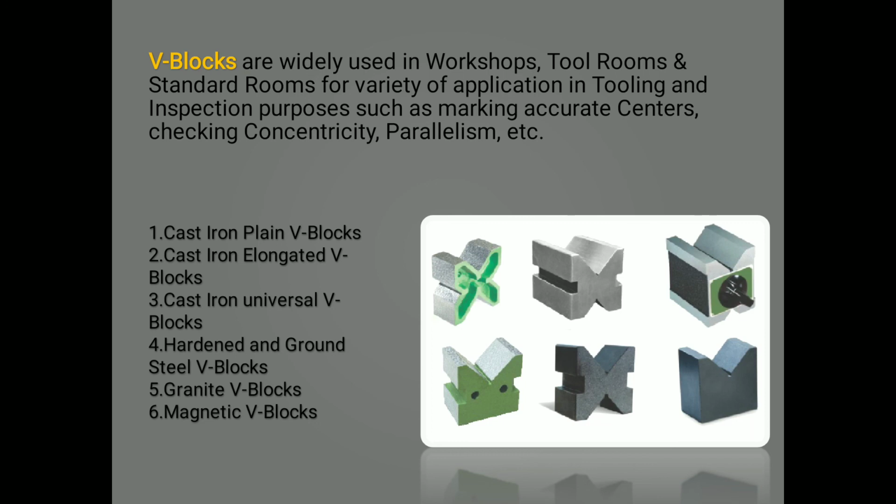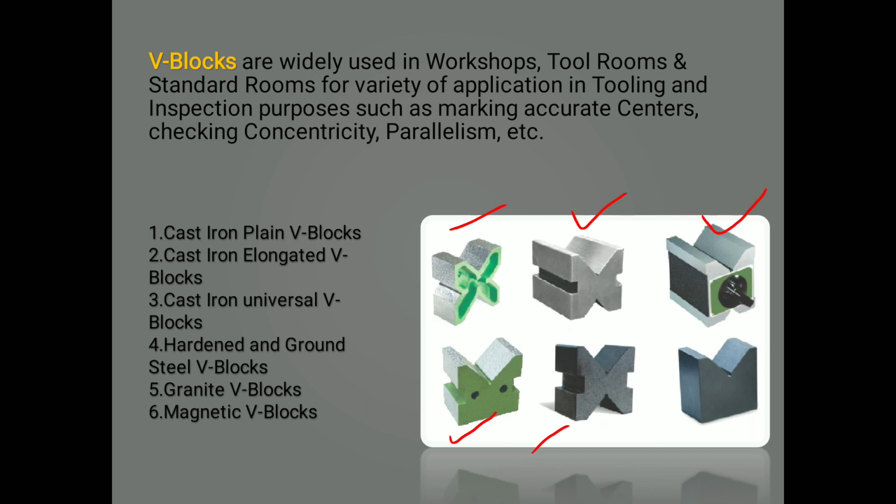V blocks are widely used in workshops, tool rooms, and standard rooms for a variety of tooling and inspection applications, such as marking accurate centers, checking concentricity, parallelism, etc. In the figure you can see the cast iron plain V block, cast iron elongated V blocks, then cast iron universal V blocks, then hardened and ground steel V blocks, granite V blocks, and the magnetic V blocks. We can see all the types kept in front of you.